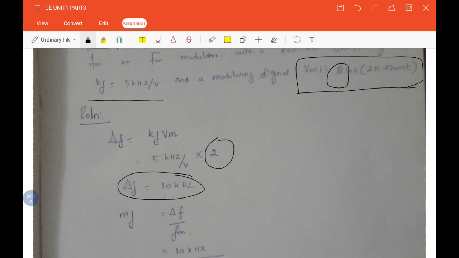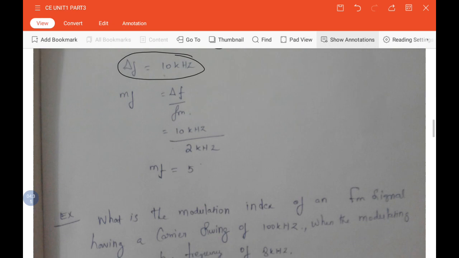The original format of the expression is cos of 2 pi FM t, so in place of FM what you have is 2000. So 2000 is your FM. By replacing the 2000 value here, that is 2 kilohertz, you finally find the value of MF as 5, modulation index value 5.